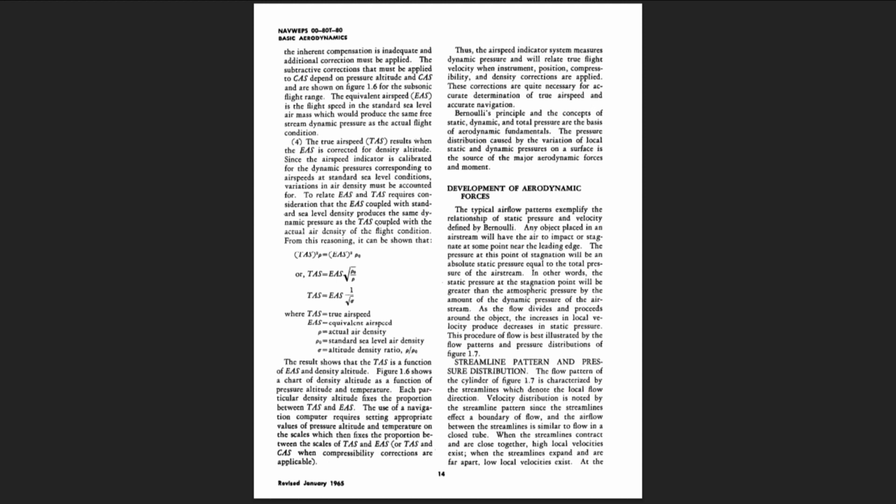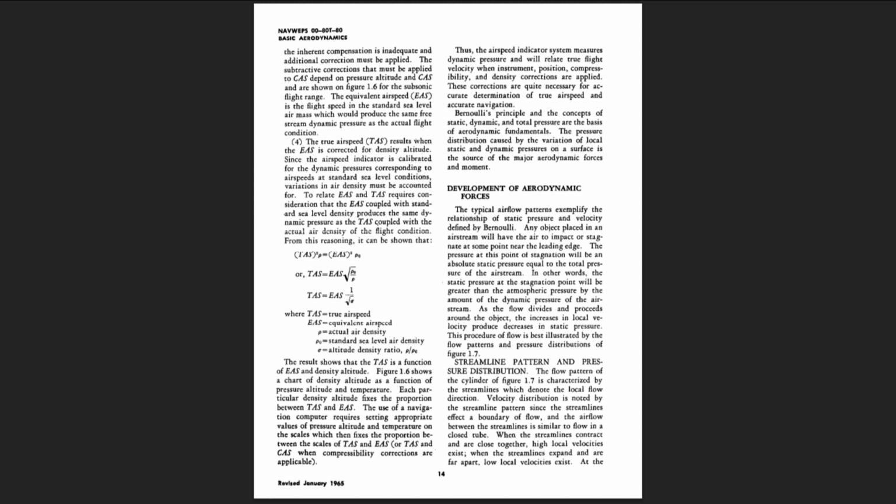TAS squared times ρ equals EAS squared times ρ₀. Or TAS equals EAS times the square root of ρ₀ over ρ. Or TAS equals EAS times 1 over the square root of σ.